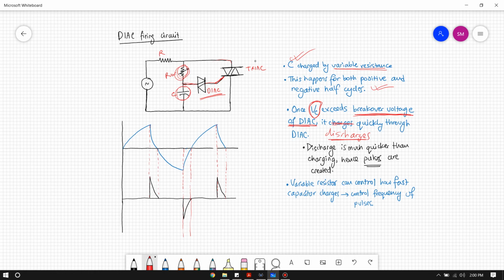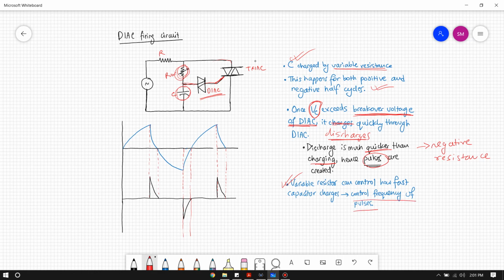Discharge again is much quicker than charging because of negative resistance, the same case as before. And hence we create pulses that we're going to use to trigger our triac. Similar to the UJT, the variable resistor can control how fast the capacitor charges, and hence we can control the frequency of the pulses.